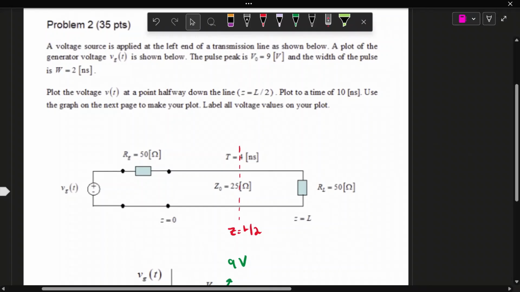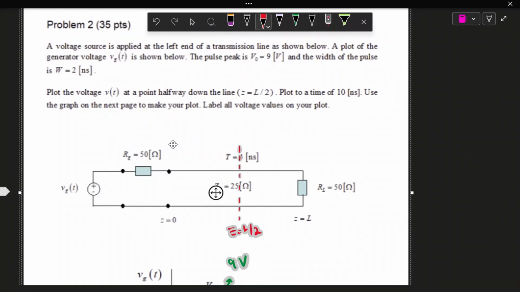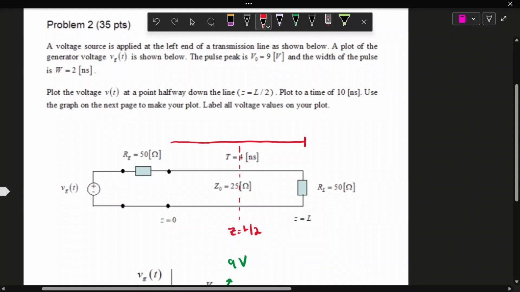Now, if the voltage signal or any signal is traveling at a constant rate or constant velocity, then we can say that if this entire time is 4 nanoseconds given by this t here, what is half of the 4 nanoseconds?